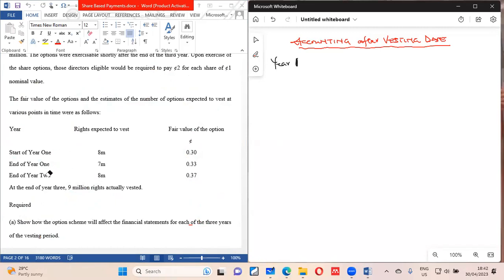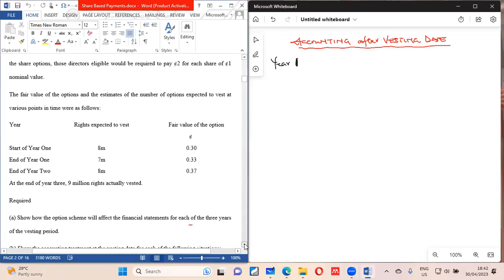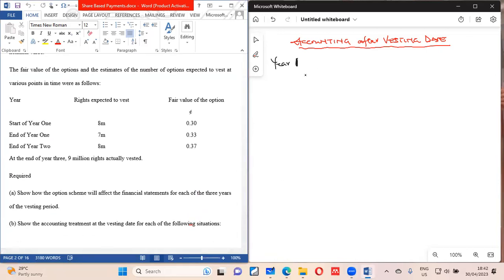And you could see that at the end of year 1, 10 million has come to 7 million, telling us that probably 3 of the directors had left. So these were our requirements of the question. It was so easy for us to just pick.